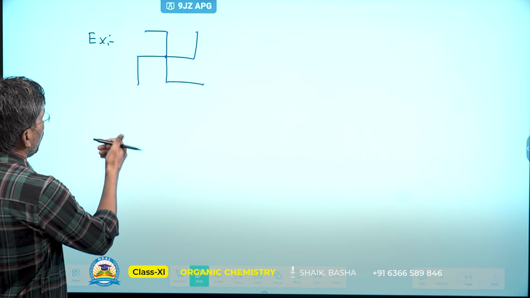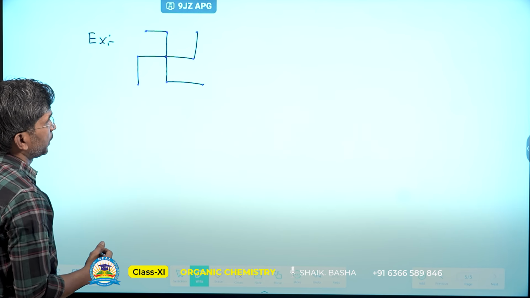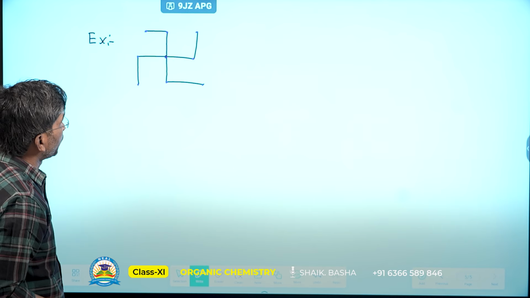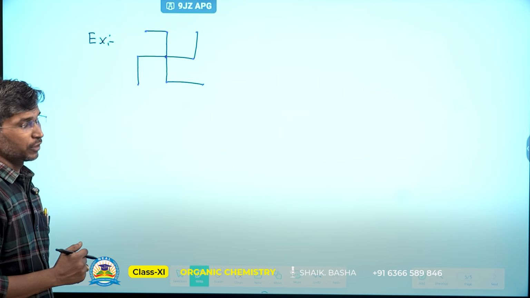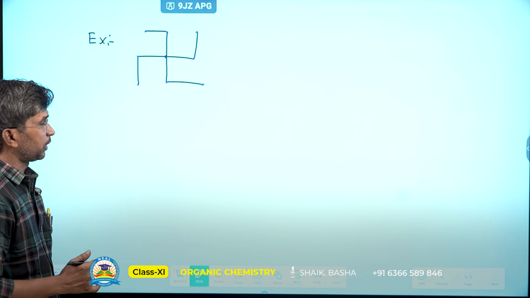Then how many primary carbon atoms are there? Number of primary carbon atoms, number of secondary, number of tertiary, and number of quaternary we can identify.